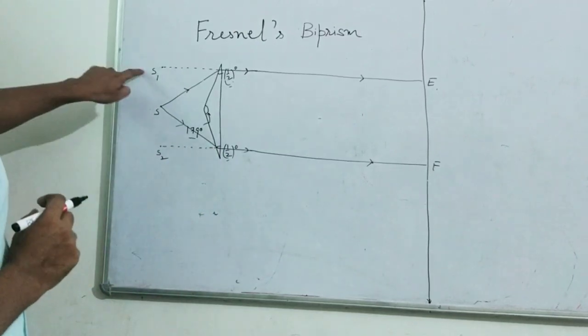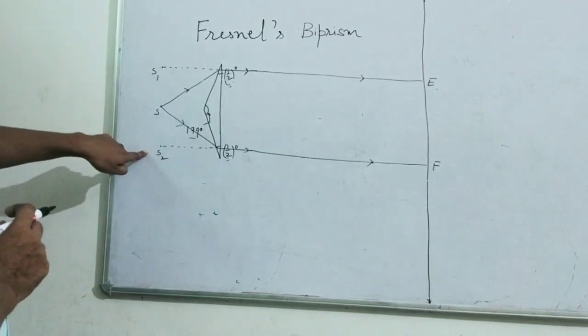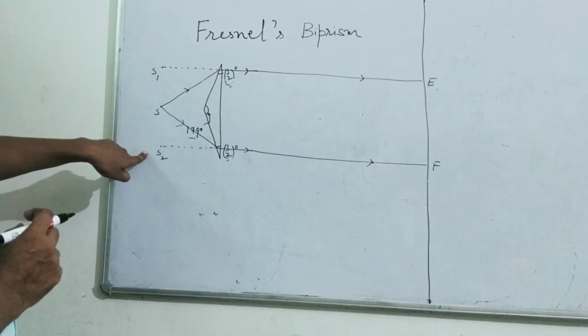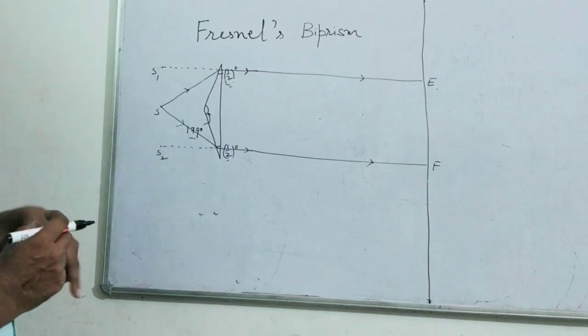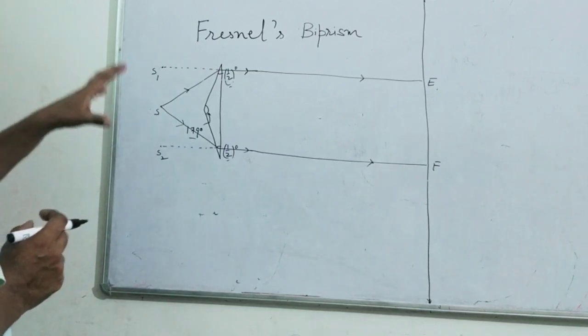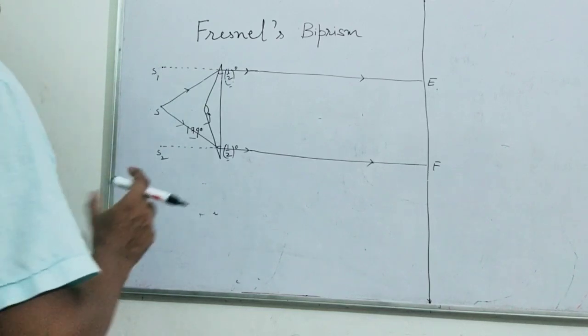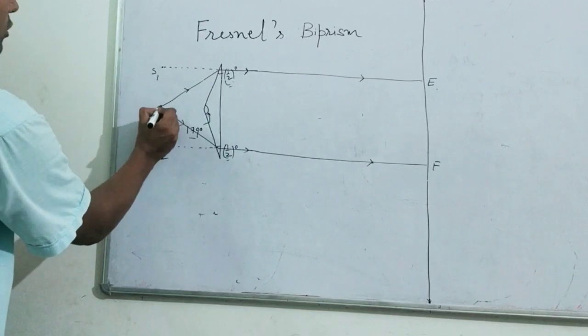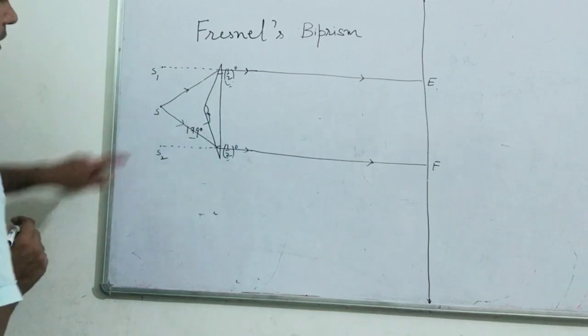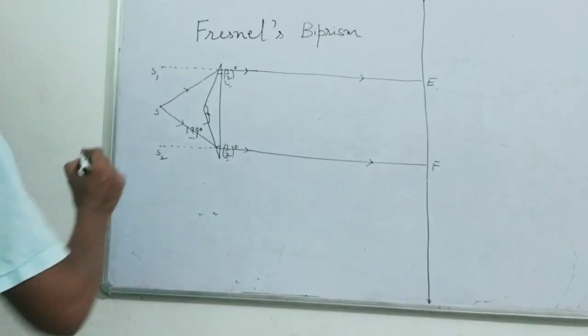Now these S1 and S2 are called virtual coherent sources. Virtual means they are not existing but they are appearing, and coherent because they are produced from a single source S.